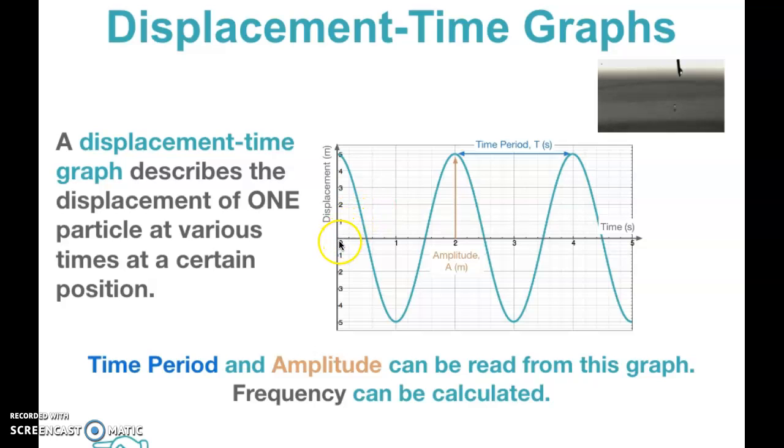The amplitude from the center to the maximum or the minimum positions. And the time period is simply the time for one entire wave. Here we can see that the time period is 2 seconds. It's always very important to check the units of the axes.